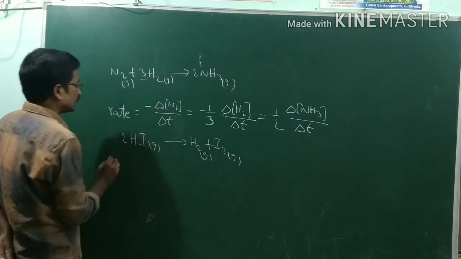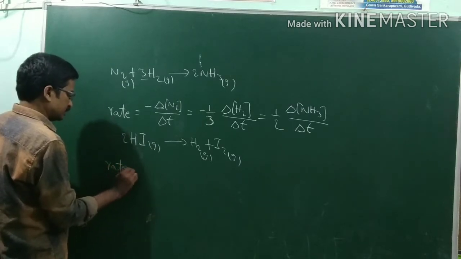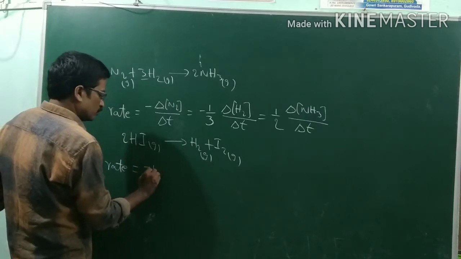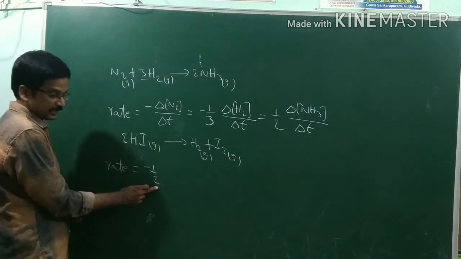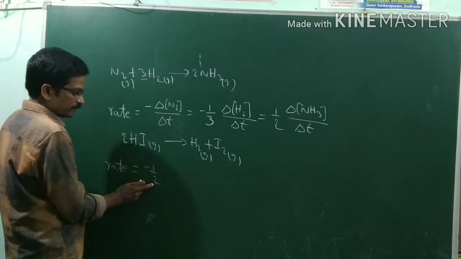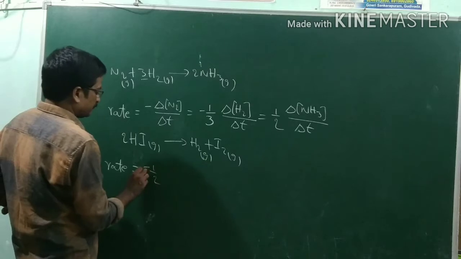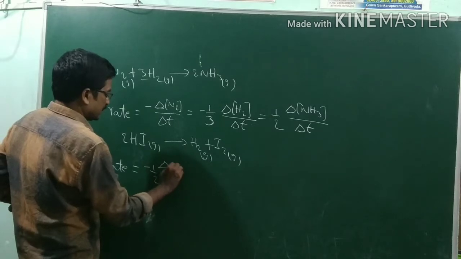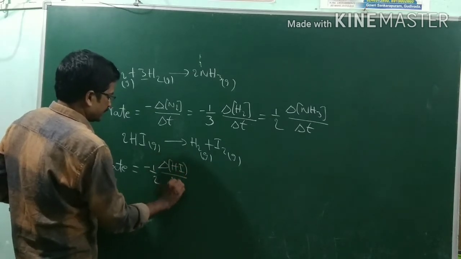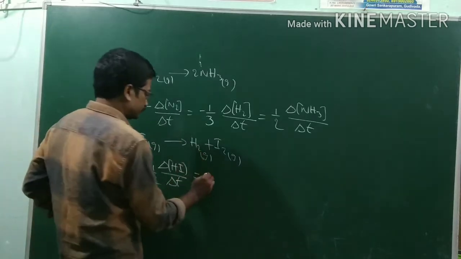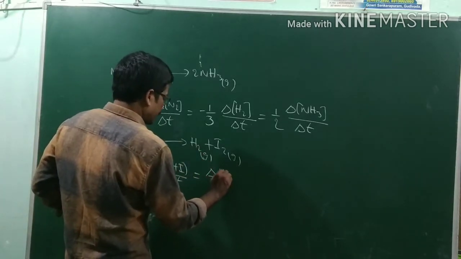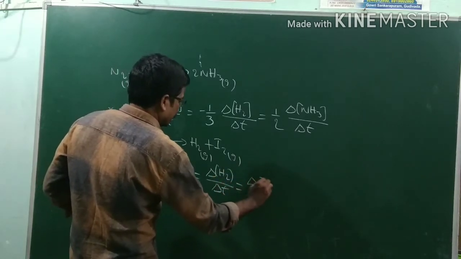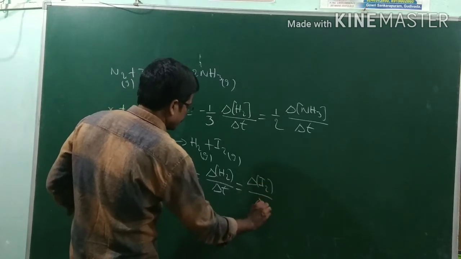Rate is equal to minus 1 by 2, since the coefficient 2 is placed here, minus because these are the reactants, del HI by del t, is equal to del H2 by del t, is equal to del I2 by del t.